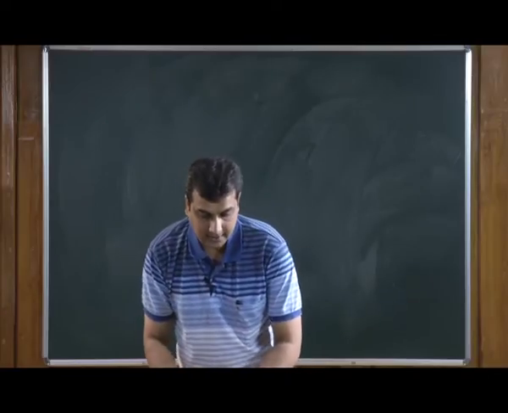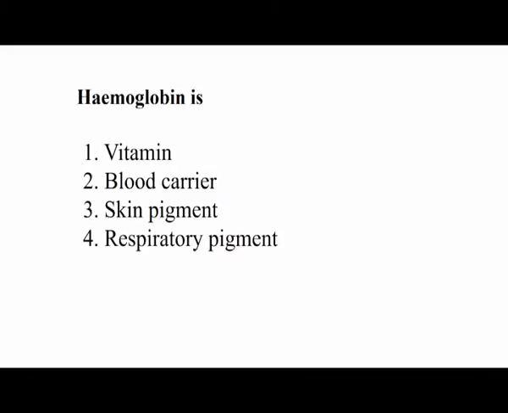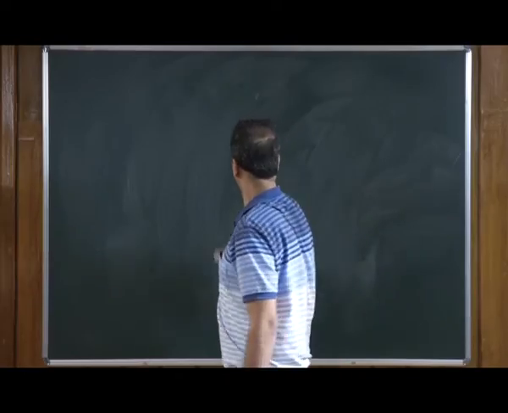So, the next one is hemoglobin. Hemoglobin, as we discussed, is a proteinous structure, the protein part in the blood. Since there is no such option here, we know this is not a vitamin, this is not a blood carrier. Actually, blood is carrying RBC, and RBC itself has a high concentration of hemoglobin as a protein. Definitely these are not skin pigments.